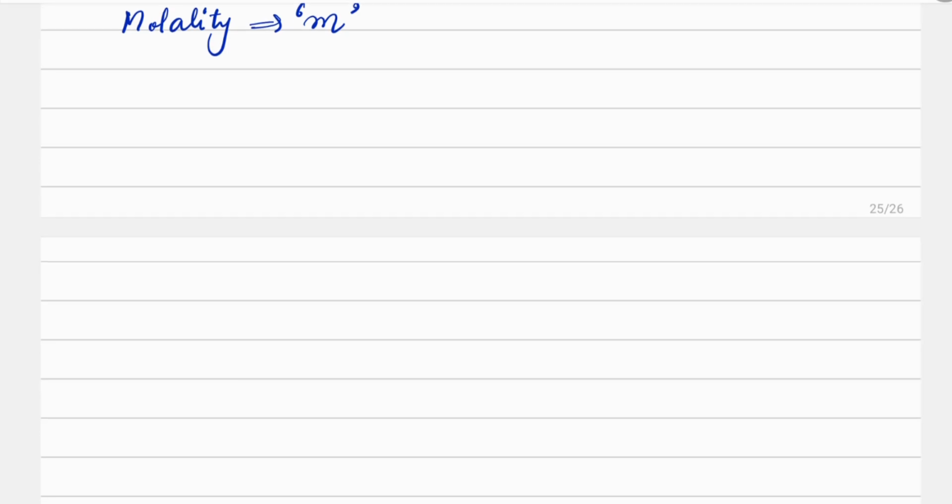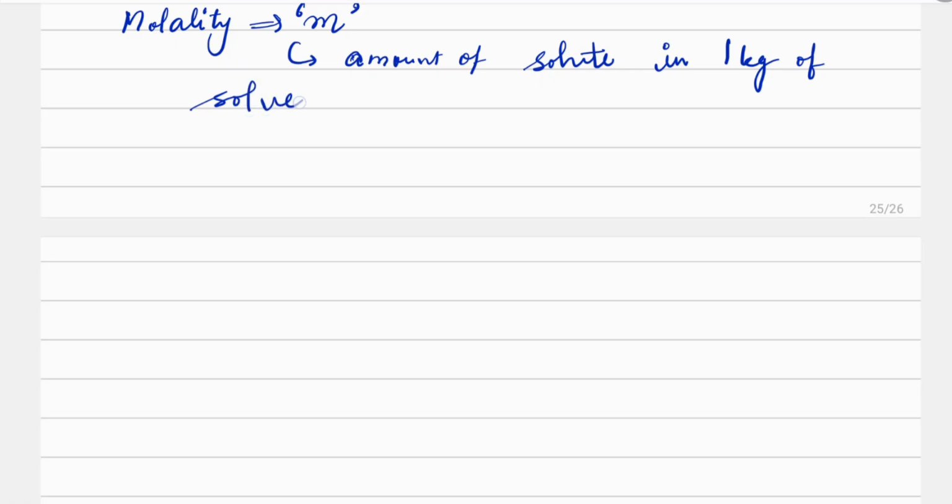Our next concentration term is molality. Its symbol is a small m. What is molality? Molality is the amount of solute in 1 kilogram of solvent.